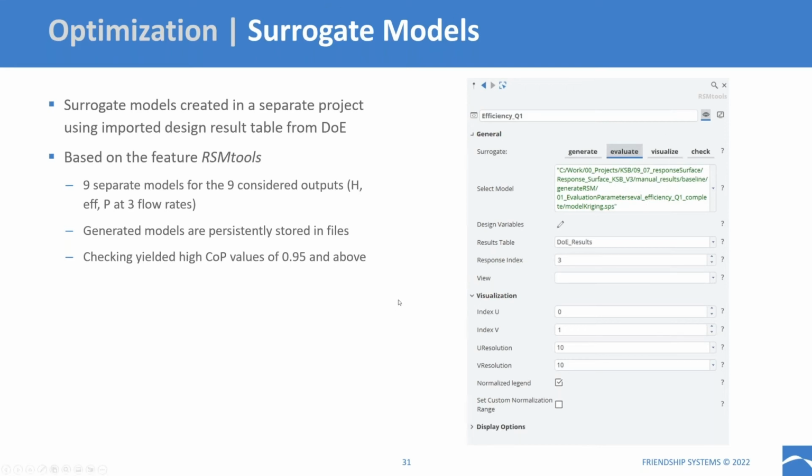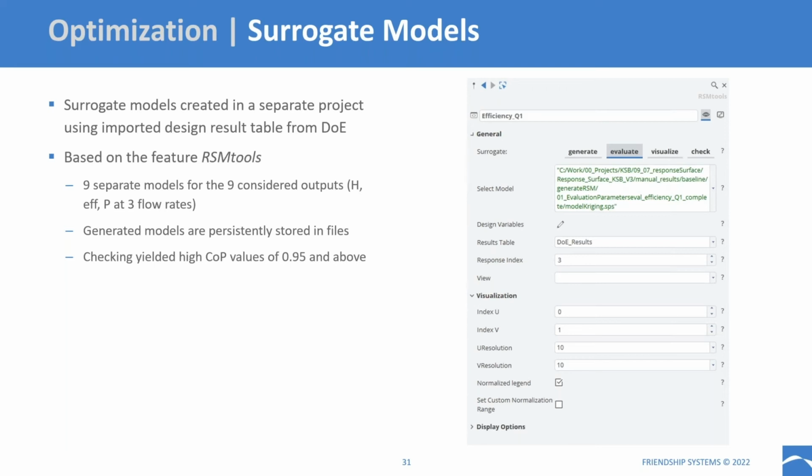And then, you can check these surrogate models, which is basically using a so-called leave one out analysis. So you take one of the samples out of the pool and you generate a surrogate model with the rest of the pool, and then you check the prediction for the sample you have taken out and compare it to the actual values.